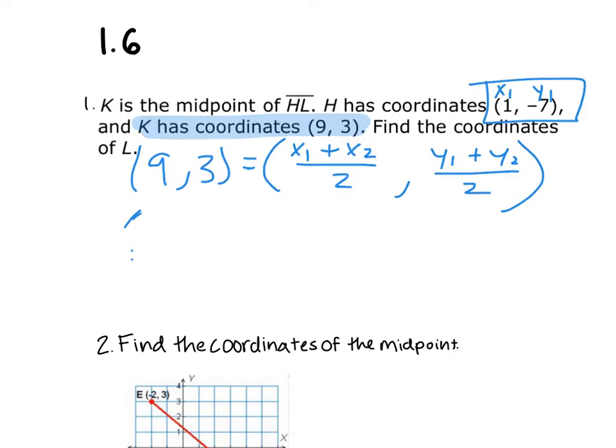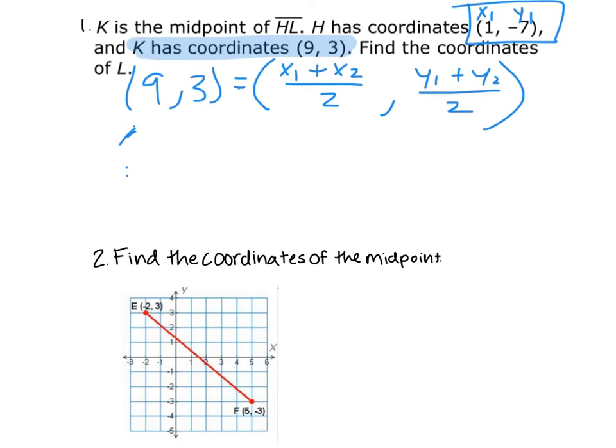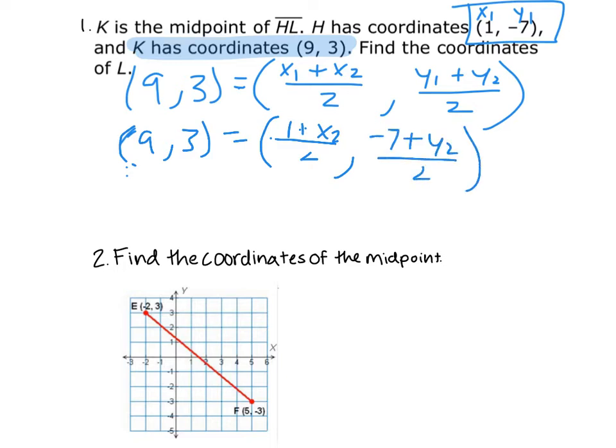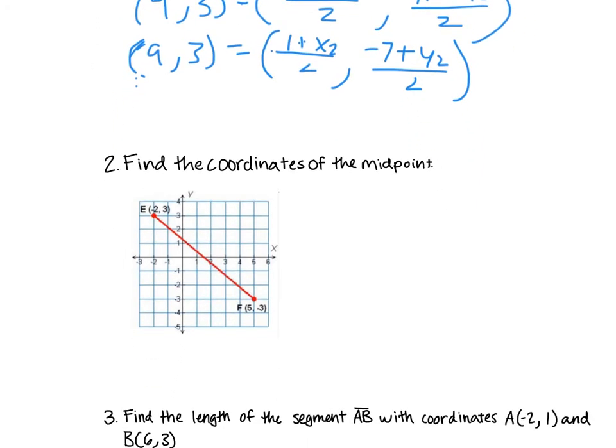So we have 9, 3 is equal to, now we plug the 1 and -7 in, so we have 1 plus x2 over 2 and -7 plus y2 over 2. So now what do we do?